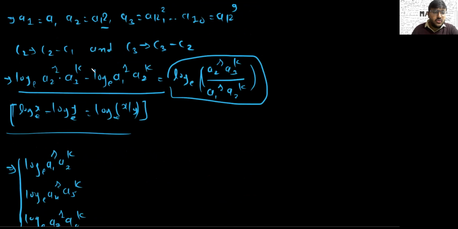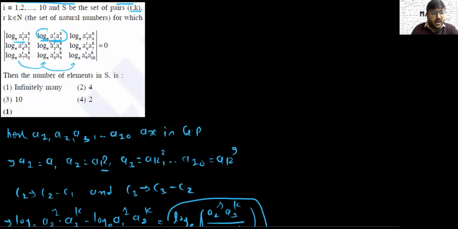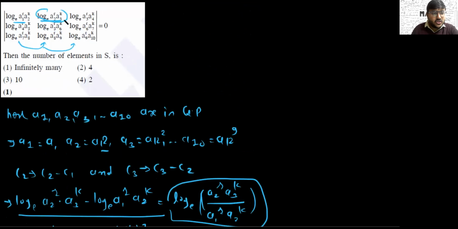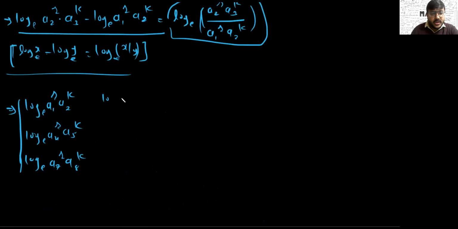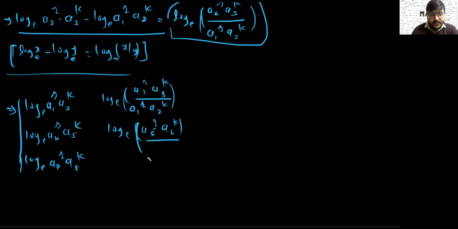Now when you do C2 minus C1, you will get log base e of A2 raised to r, A3 raised to k by A1 raised to r, A2 raised to k. Similarly here, it will be log base e of A5 raised to r, A6 raised to k whole divided by A4 raised to r, A5 raised to k.